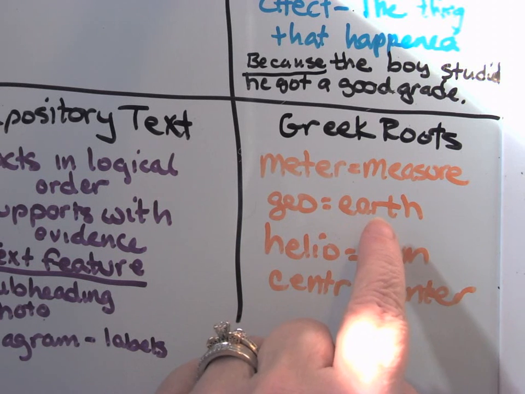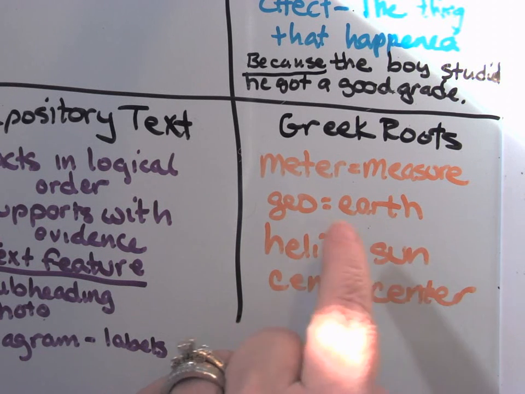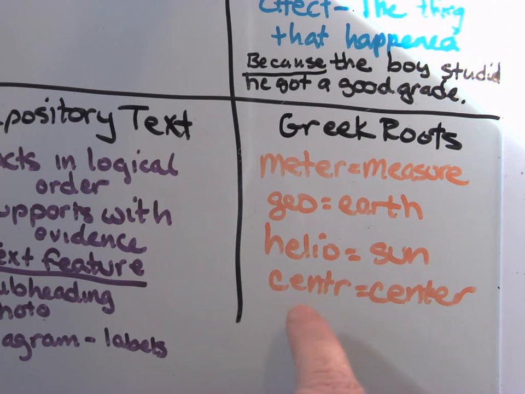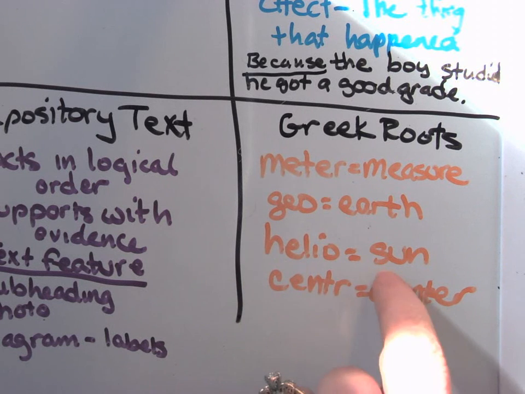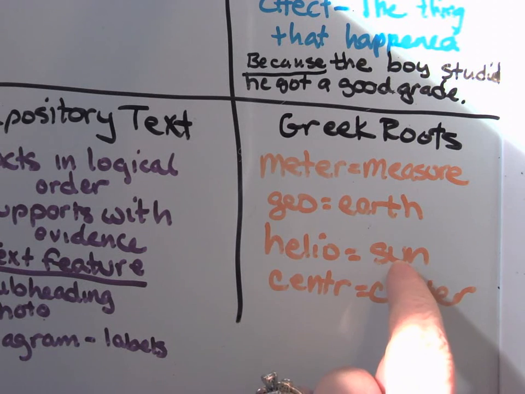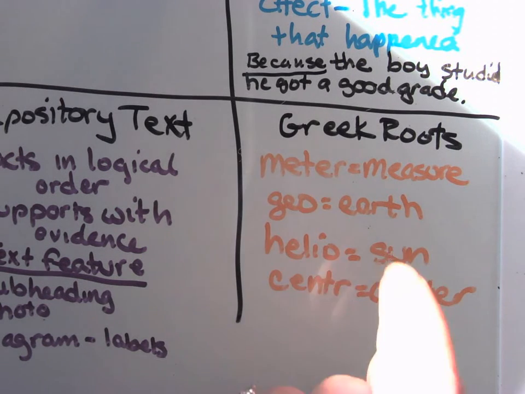Geo means earth. Helio means sun. Centra means center. So if I say that something is heliocentric, that would mean that the sun is at the center. So if we talk about what we think about our solar system, we might say it's heliocentric because it's centered around the sun.